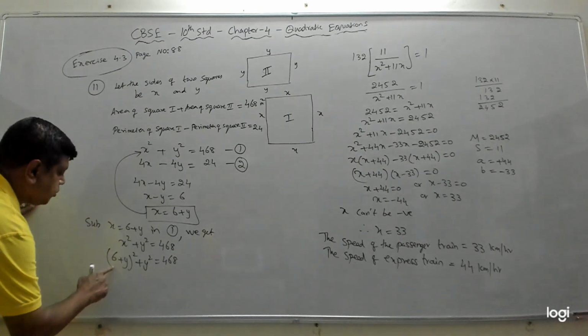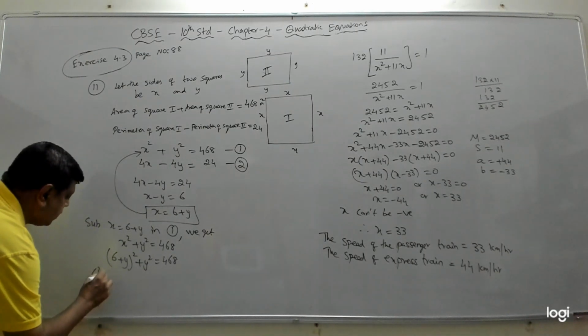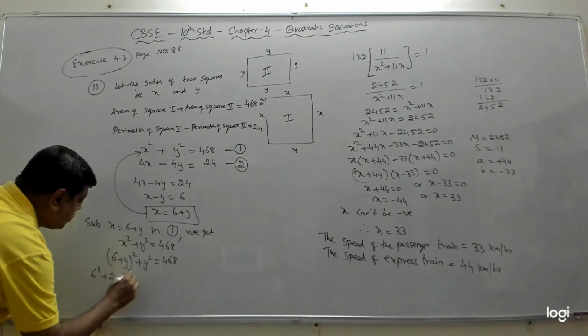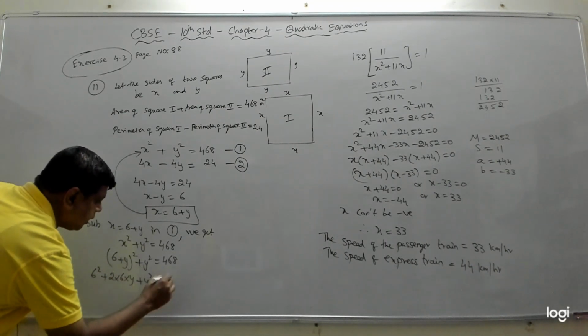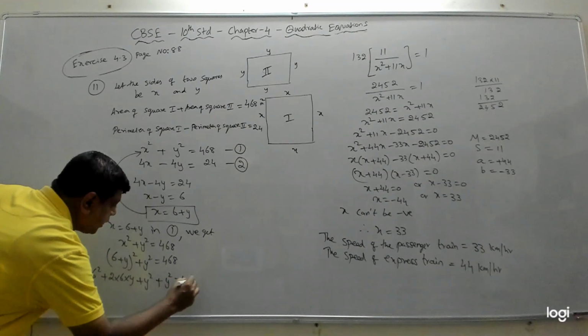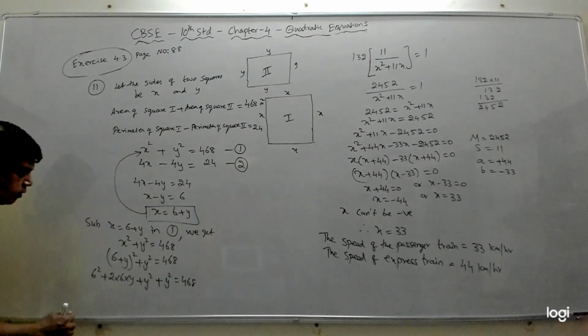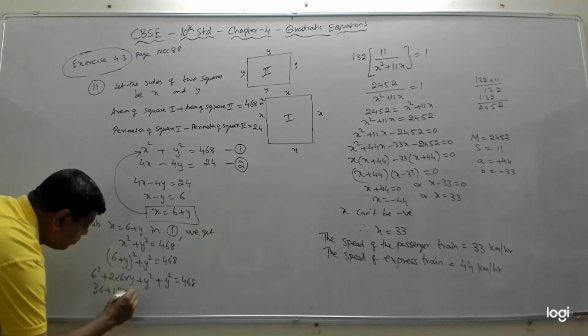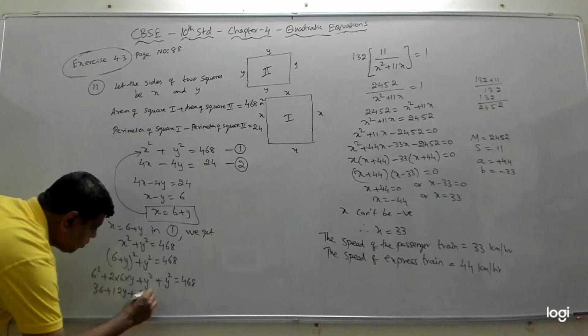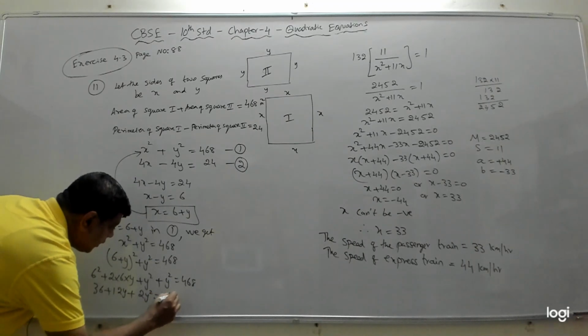Now let's expand this using a plus b the whole square. So a square plus 2 into a into b plus b square, plus y square equal to 468. Now you get 36 plus 12y plus y square plus y square, which is 2y square, equal to 468.